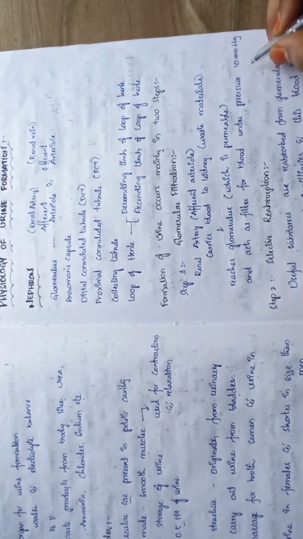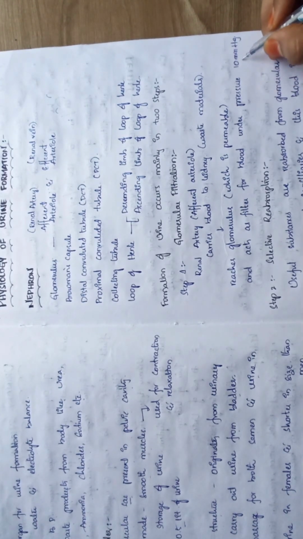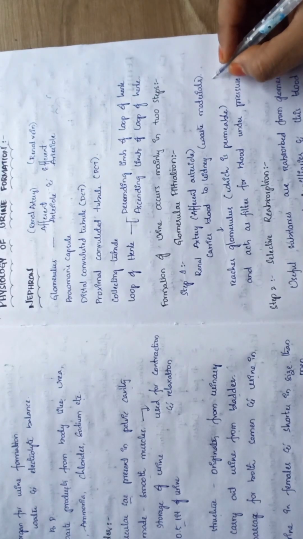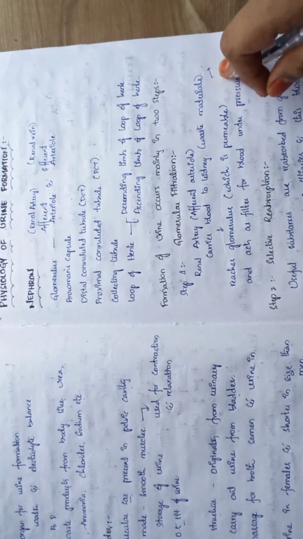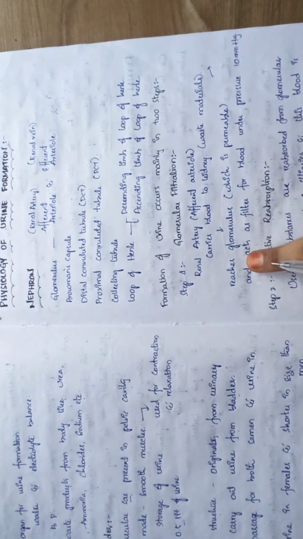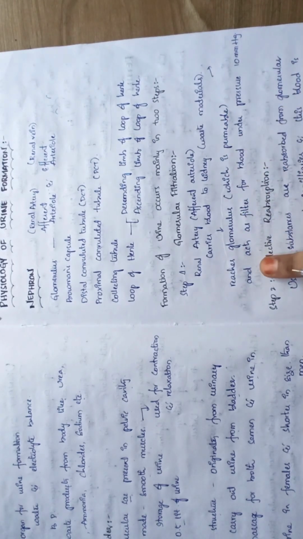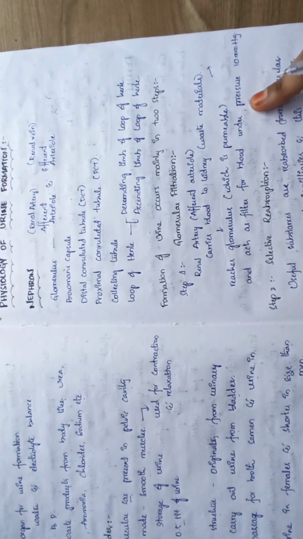Pressure is also given, because the blood flows according to the pressure. I said that it regulates blood pressure. So the glomerulus is permeable and acts as a filter for blood under a pressure of 10 mm of Hg.